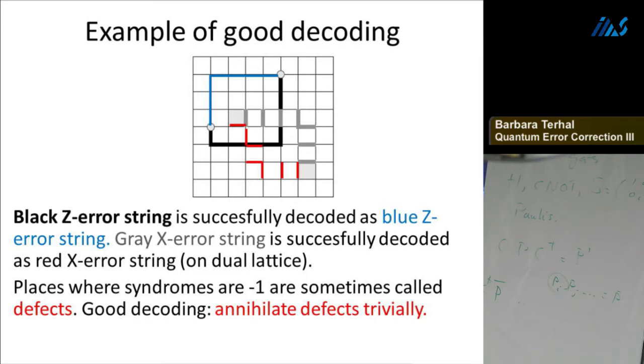If you call these places where the syndrome is -1 defects, there are 2 defects here, and you notice that if errors happen, and this is on a torus, these defects always come in pairs. It's just the endpoints of the error string. A good decoding is annihilation of the defects in a trivial way, without making a non-trivial loop around the torus.